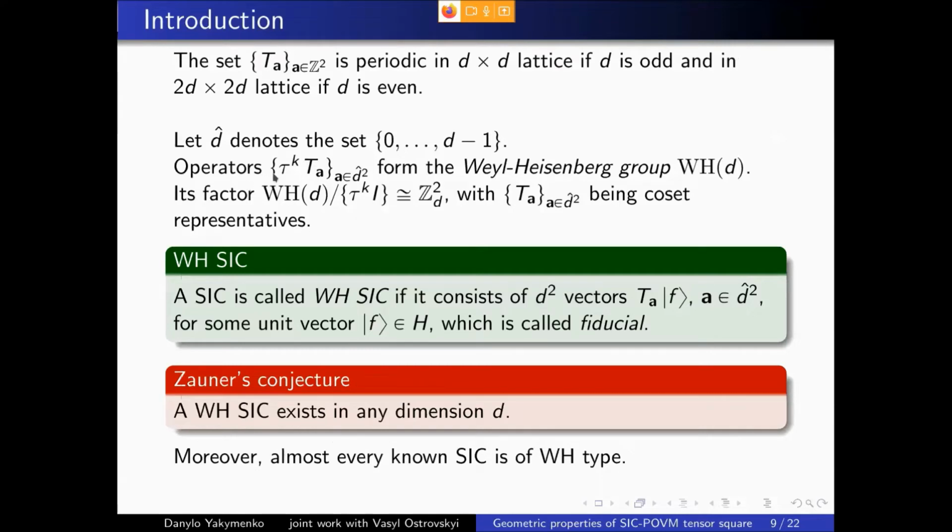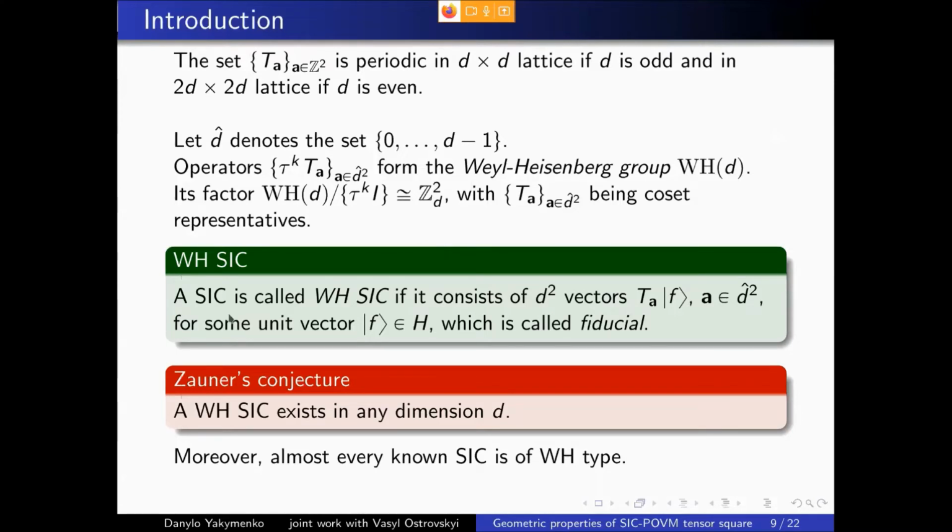They form what is called the Weyl-Heisenberg group. This definition is slightly different because here the center of this group consists of powers of tau, but this is actually not a big difference from the more usual definition, as was said by my previous speaker.